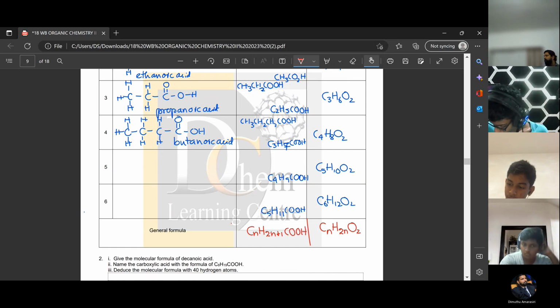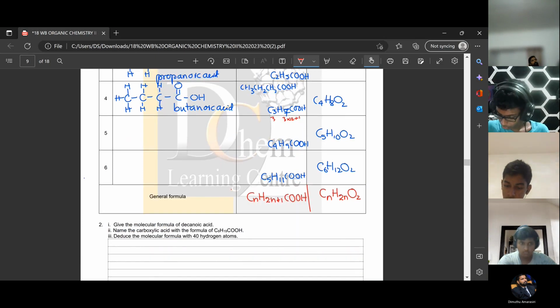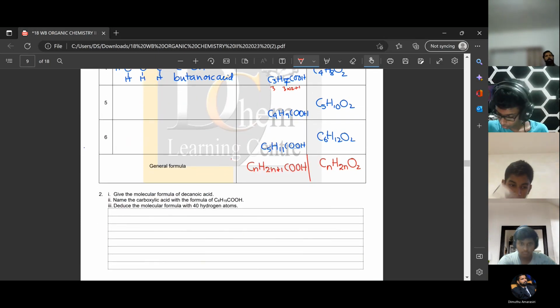You can write like that as well. Remember, with 4 carbons it is 9: 4 into 2 plus 1 is 9. With 5 carbons it is 11: 5 into 2 plus 1 is 11. 3 into 2 plus 1 is 7. Thereby, you have two different general formulas for carboxylic acid. They are not connected; you have to treat them as separate.